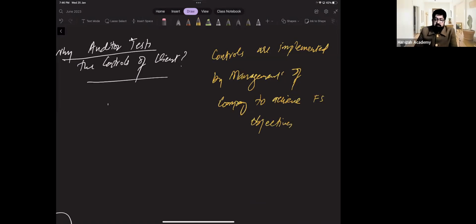Controls are implemented by management of the company.